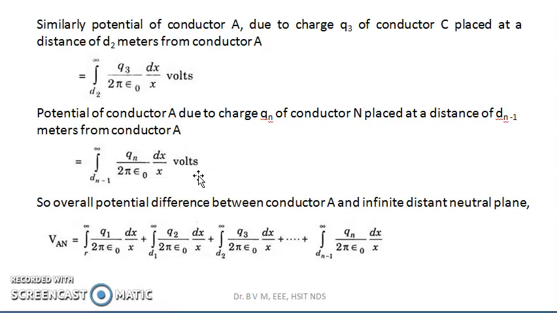So the overall potential difference between conductor A and the infinitely distant neutral plane is given by VAN, the summation of all these: the integration from r to infinity of Q1 by 2 pi epsilon naught dx by x, plus the integration from D1 to infinity of Q2 by 2 pi epsilon naught dx by x, plus the integration from D2 to infinity, and so on up to the integration from Dn minus 1 to infinity of Qn by 2 pi epsilon naught dx by x.